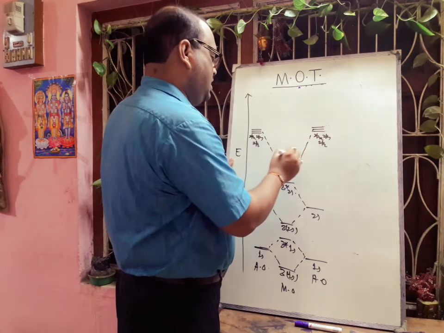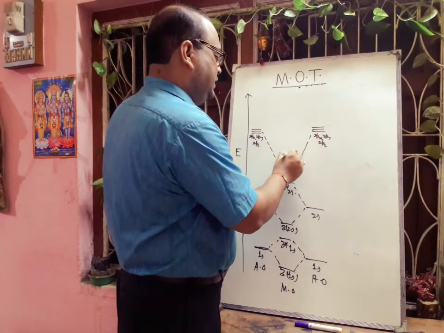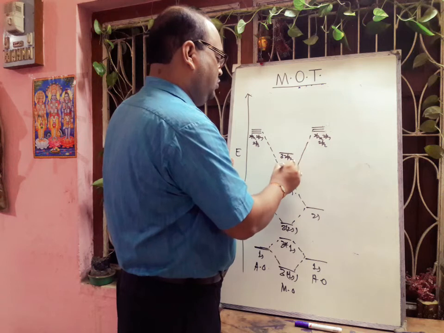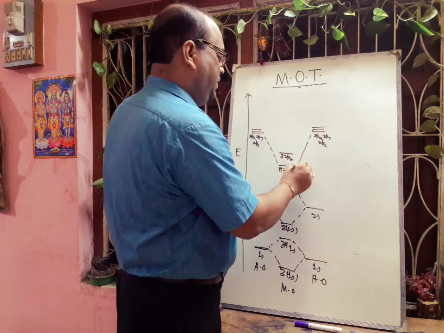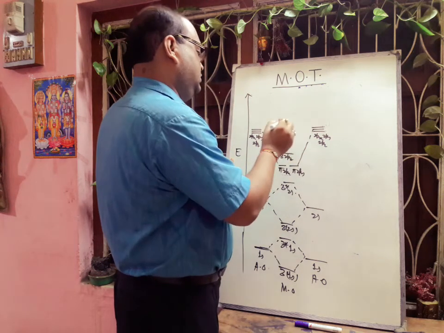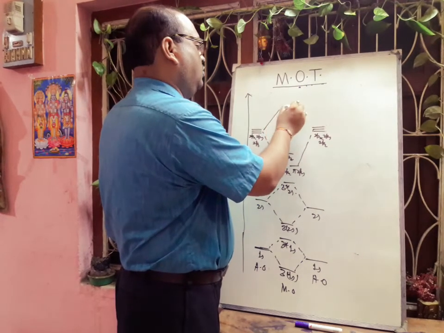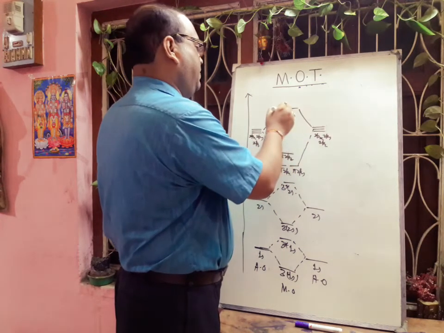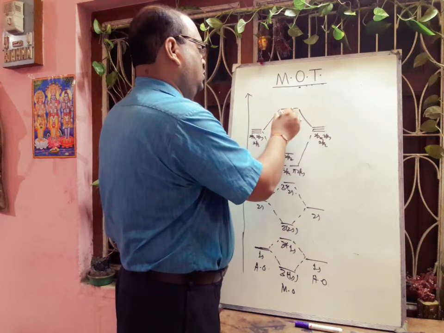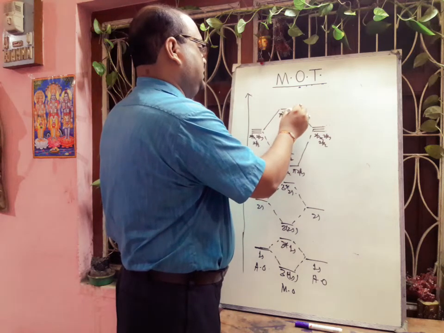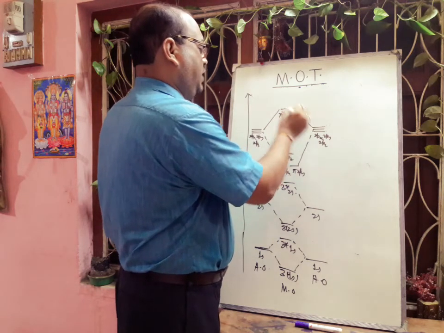This is the sigma 2pz. This one is the pi 2px and pi 2py. And here will be the two pi star orbitals, that is pi star 2px and pi star 2py. Hope you can understand.